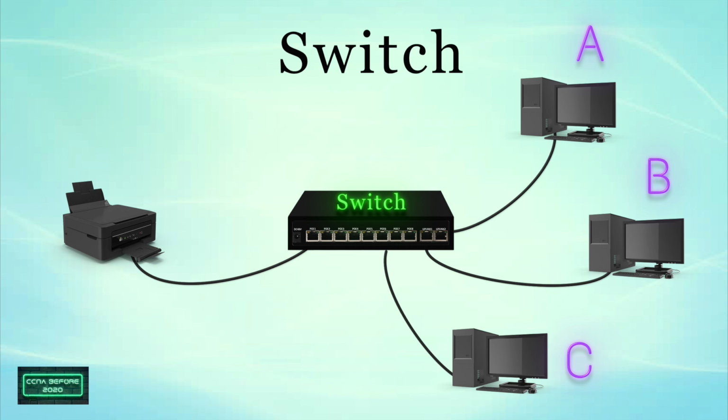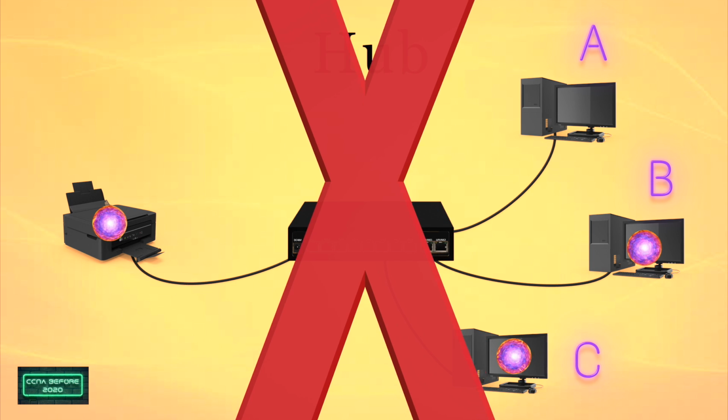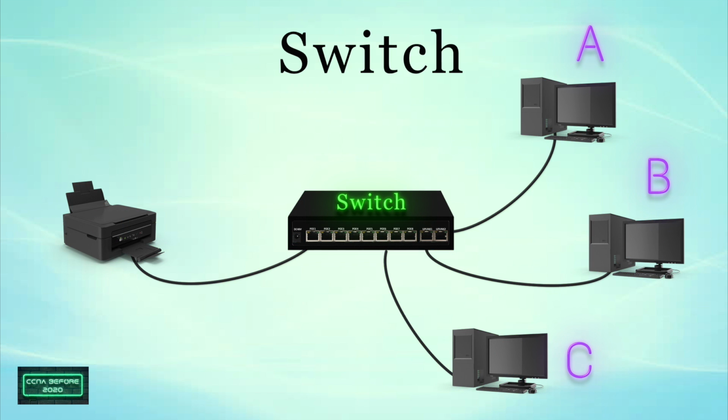It's not going to just broadcast the packet to all the computers or devices like a hub does. It doesn't waste bandwidth sending packets of data to unintended sources. This makes the network more efficient.